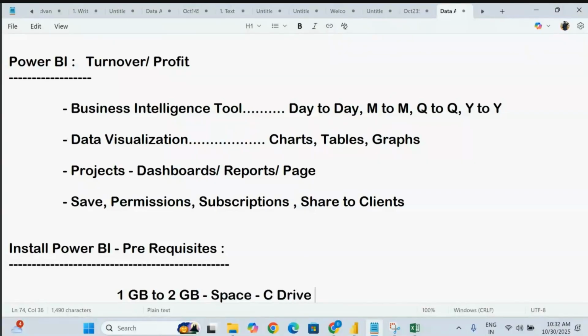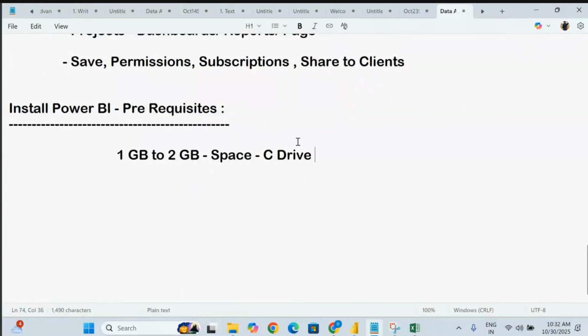This is important to install Power BI. For Power BI alone, we have multiple technologies. Even for SQL, you require some other space. Excel might be inbuilt with your laptops, but SQL Server also needs to be installed, and Python also is required. So you must have 3 to 4 GB of C drive space.